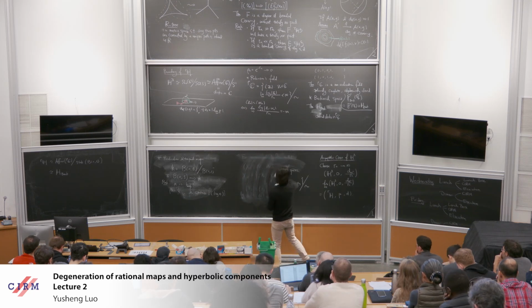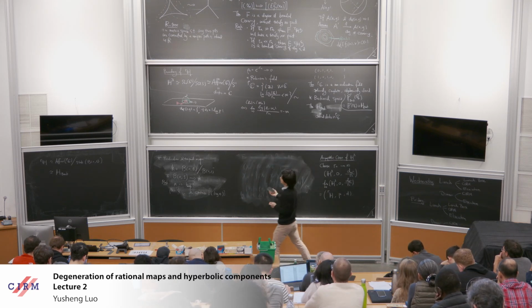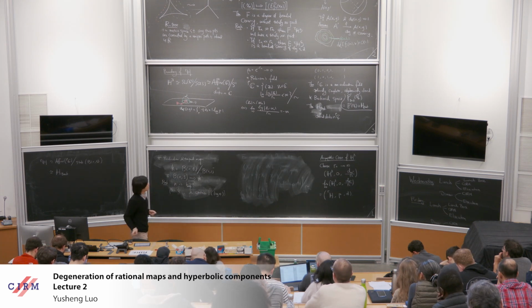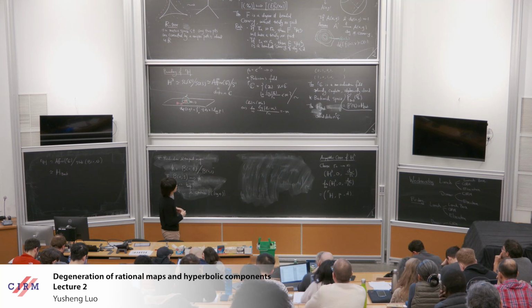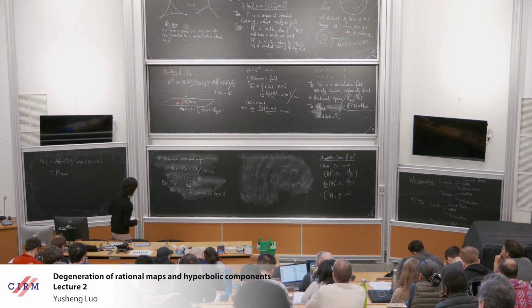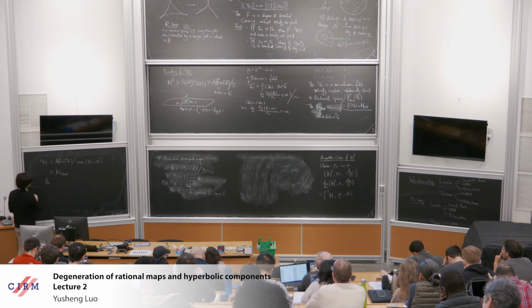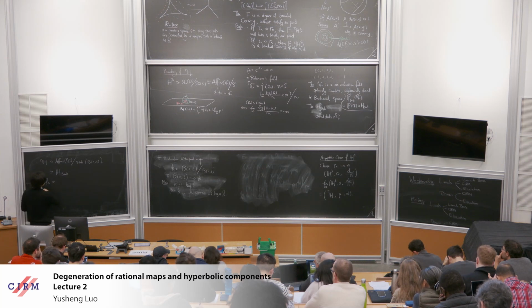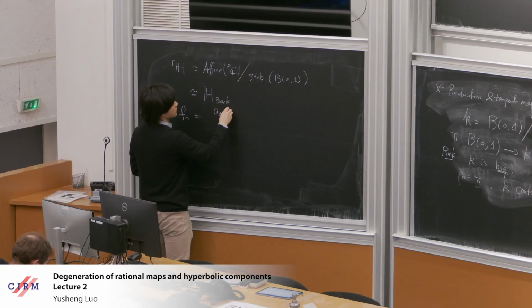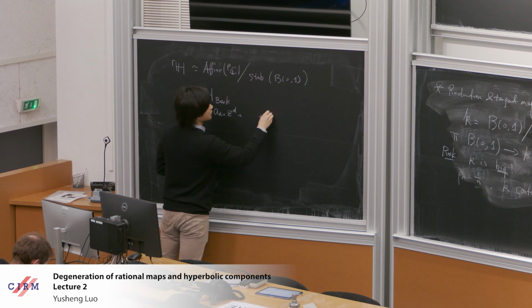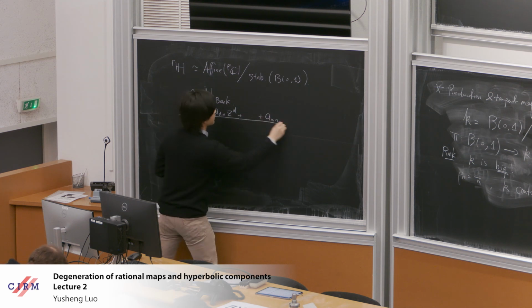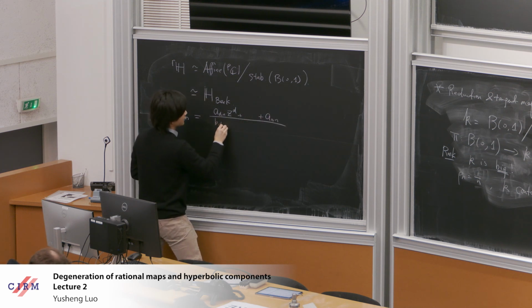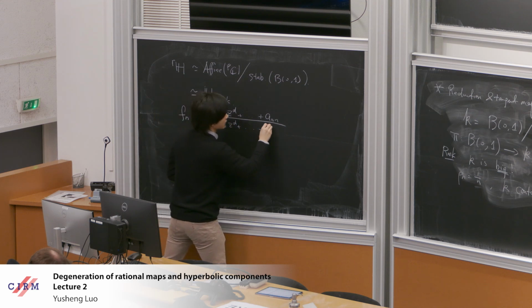which is well known, to understand the dynamics of a rational map on the Berkovich space. But before that, let me mention that if we have a sequence of rational maps Fn, writing it in its coordinates, I can write it like something like this.